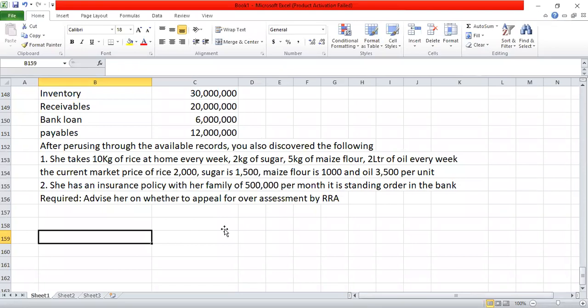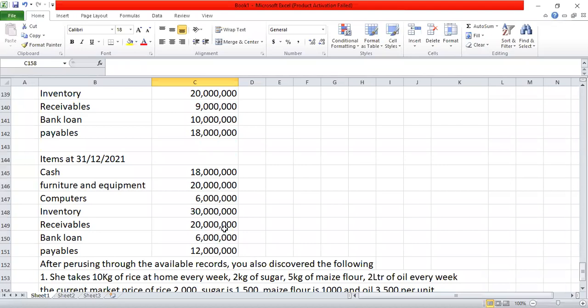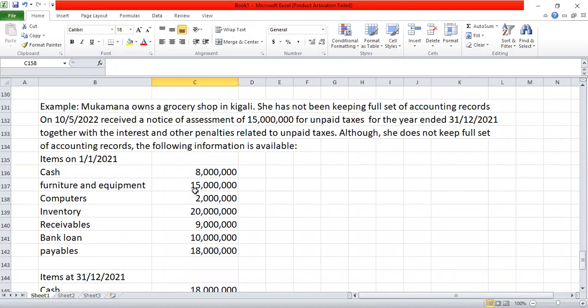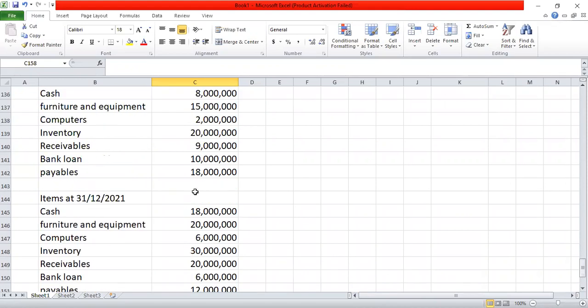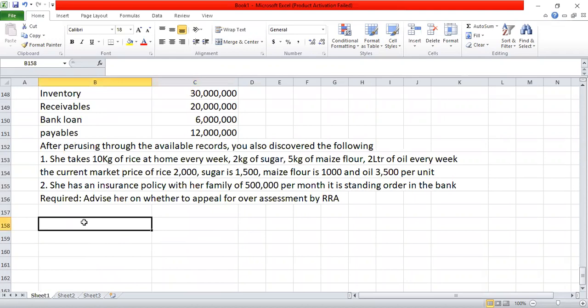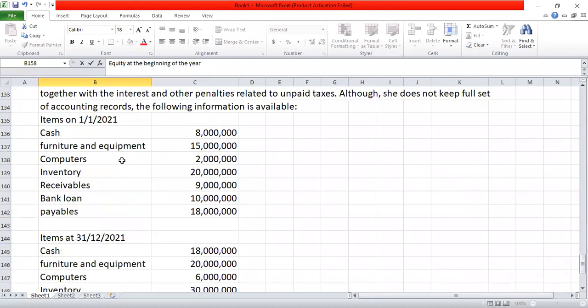So we can look at this question. As we said, what you need here is to get the equity at the beginning and the equity at the end. So what was our equity at the beginning? I can first get my total assets here.